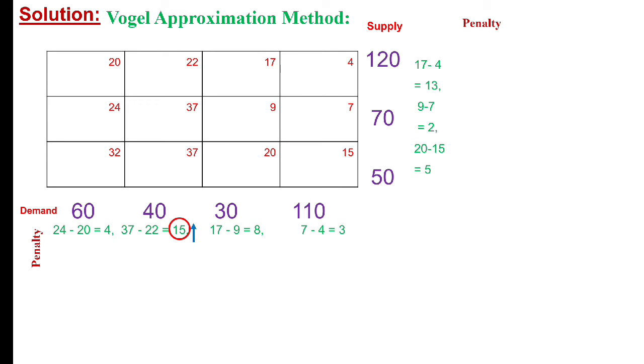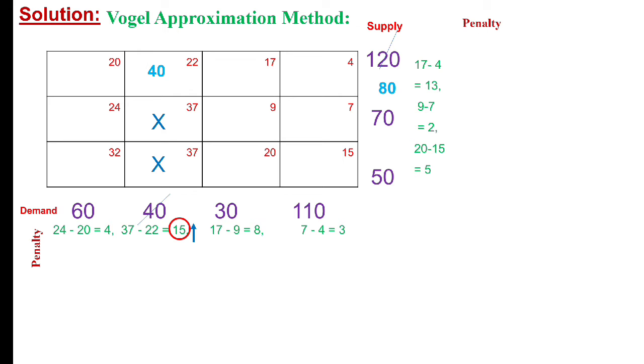Then again, whichever row or column is filled, you put a dash. For the remaining, we need to find the penalties again. Row wise penalty: first row, the two minimums are 4 and 17, so 17 minus 4 is 13. Second row, 7 and 9, so the difference is 2. Third row, 20 and 15, the difference is 5. A filled box will not be considered.